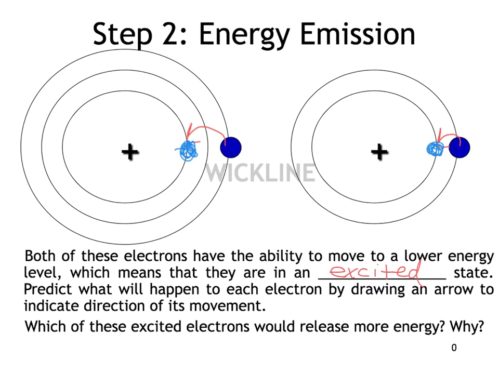So that's going to be the atom on the left. And in short, it's going to release more energy because the electron had to absorb more energy to get to the higher energy level. So it's going to release all that energy on the way down. This guy had to absorb less energy to get here, and so it's going to release less energy to get there.